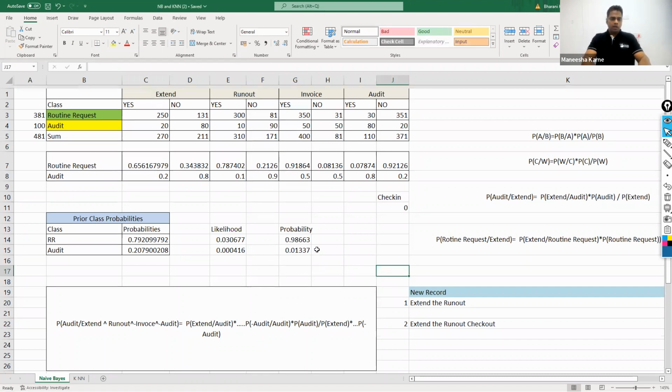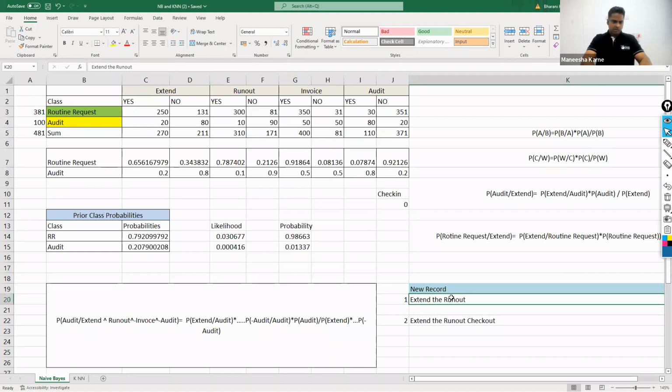Okay. Now, if you look at this first record, and if you want to classify this record to either routine request or audit request, this would be called a two-class classification problem, because you have two classes, routine request or audit related request. You have two classes. So you need to assign this to either routine request, or you need to assign this to audit related request. Okay.